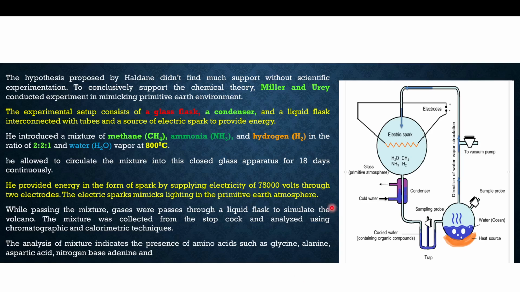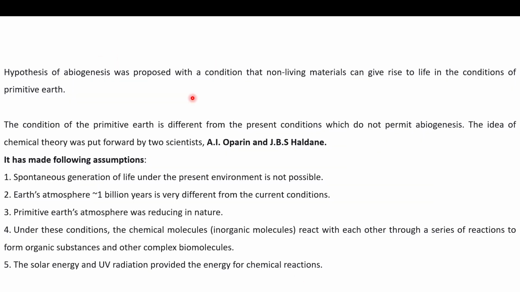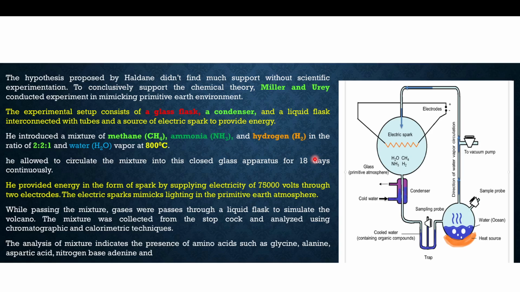Okay. So the hypothesis was proposed by Oparin and Haldane, but it was experimentally carried out by Miller and Urey. They mimicked the primitive Earth environment, and the experimental setup consists of a glass flask, a condenser, and a liquid flask interconnected with tubes, and a source of electric spark to provide energy.